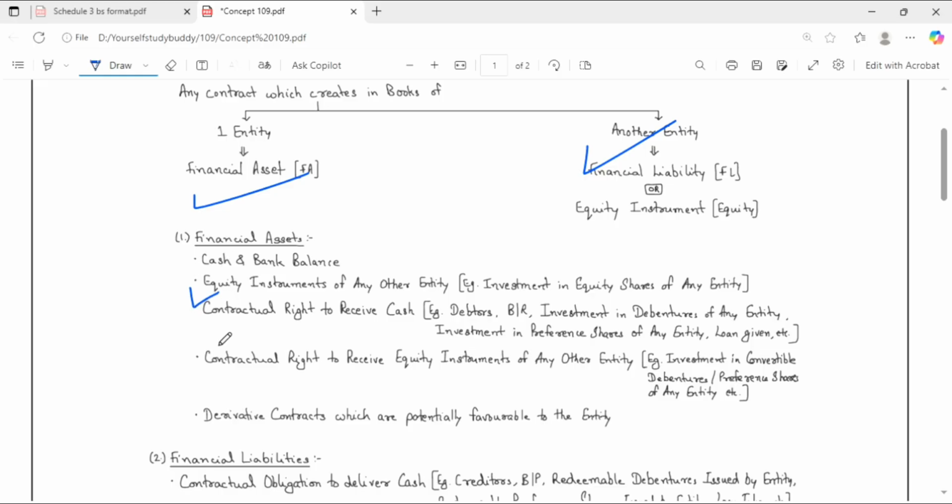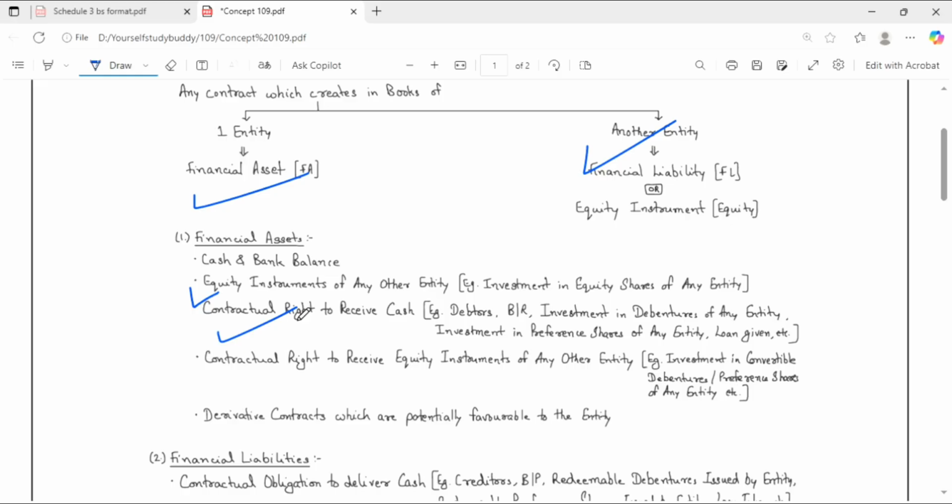Then there is a contractual right to receive cash. Suppose I have made a sale to my debtors and my debtor is going to pay me after 2 months. So my debtor will be my financial asset, because there is a contractual right that I can recover the amount from my debtors. There are other examples like bills receivable and investment in debentures.